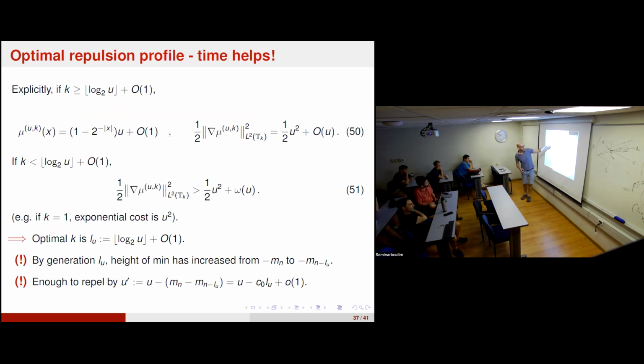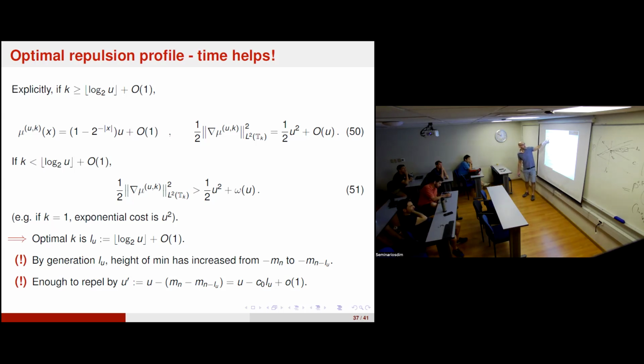Okay, you can compute this, and if you follow this, you can see how this harmonic function looks. This harmonic function goes from 0 to u exponentially fast. And this is what you have to pay. That's the cost.